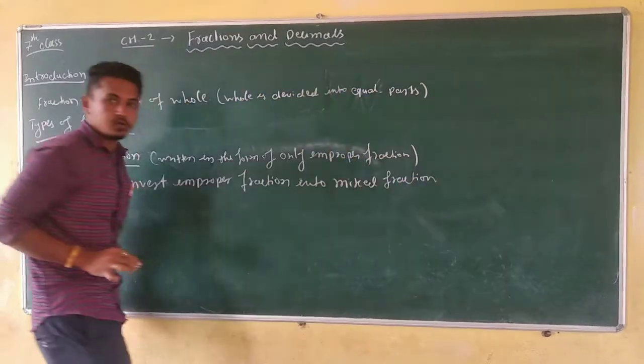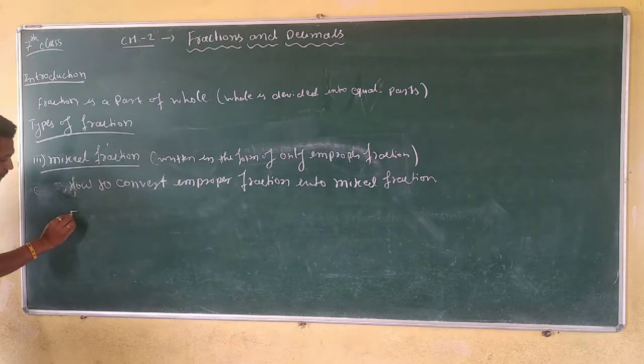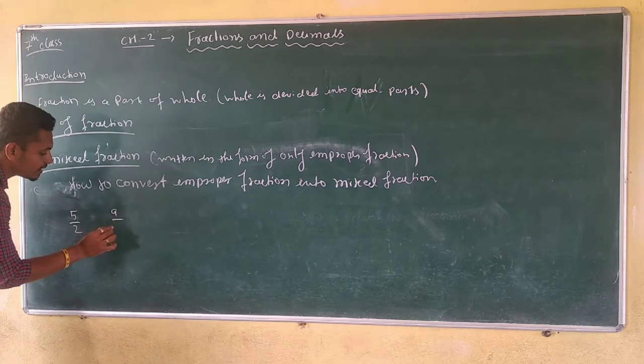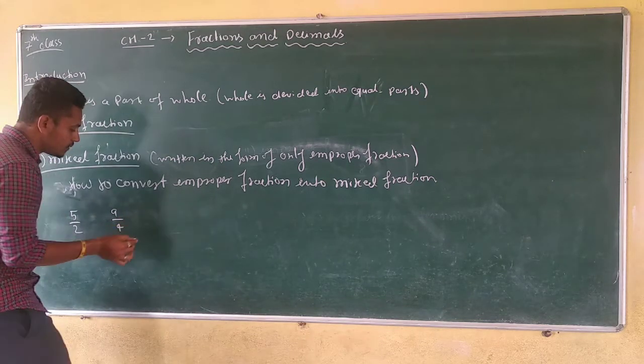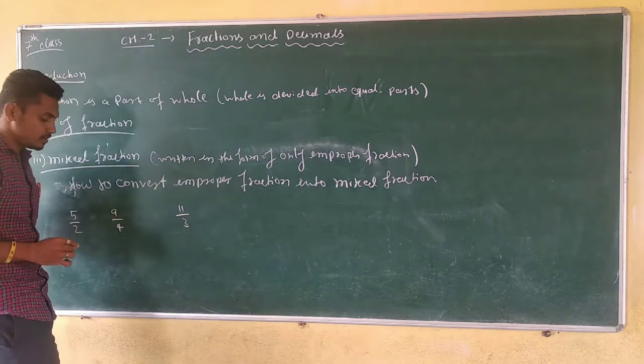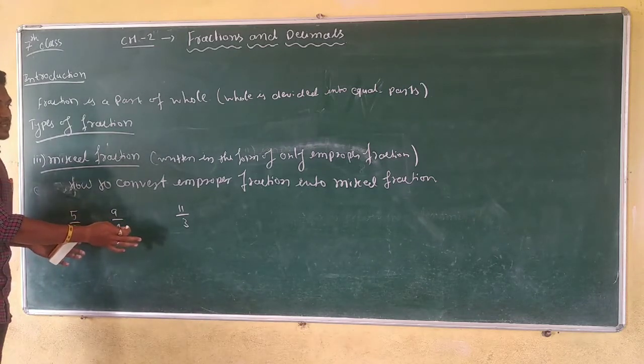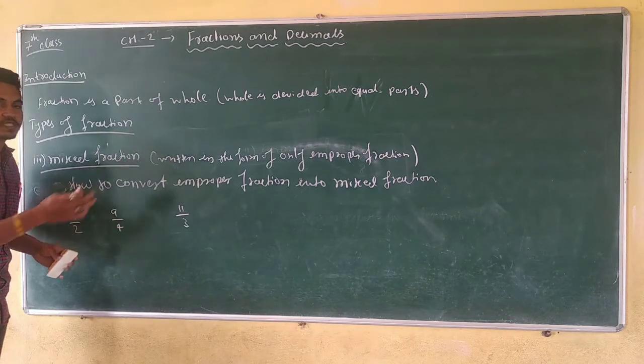I will do some examples for improper fractions: 5 divided by 2, next 9 divided by 4, and another example, 11 divided by 3. These improper fractions we now have to convert into mixed fractions.